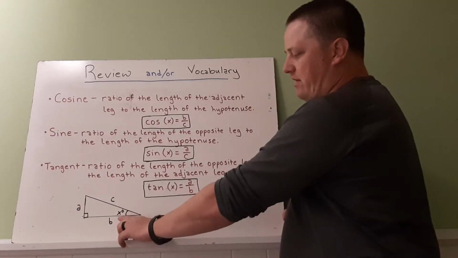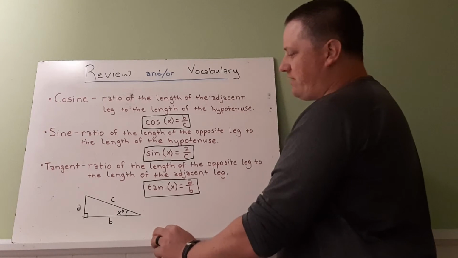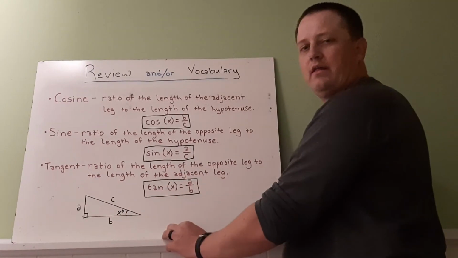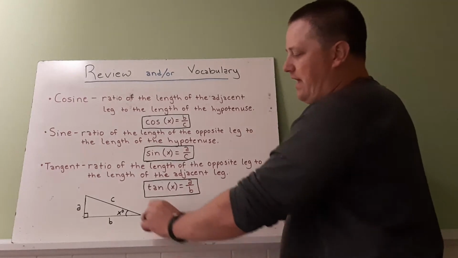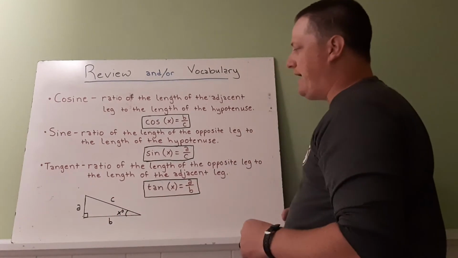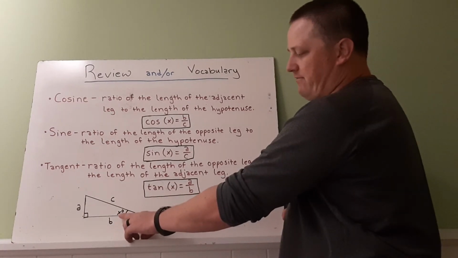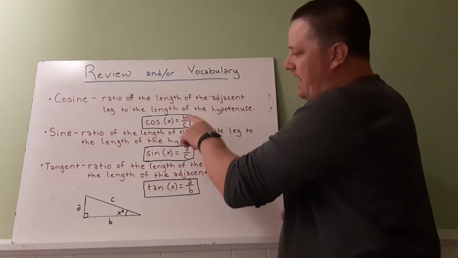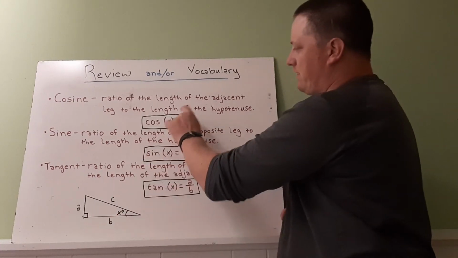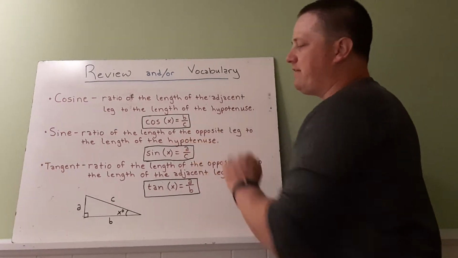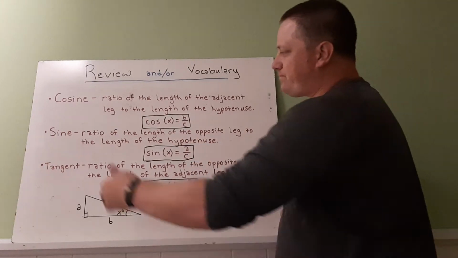So we have our angle x, and the adjacent leg is b here, which is right next to the x degrees. And then we have our hypotenuse c, which is opposite the right angle. So whatever this x is goes in the parentheses next to cosine, and then our b value goes on the top of the fraction, and our c value goes on the bottom, and then this equation would be true.